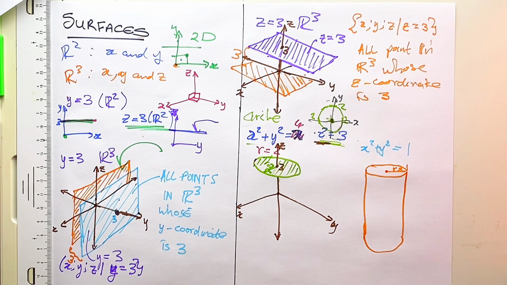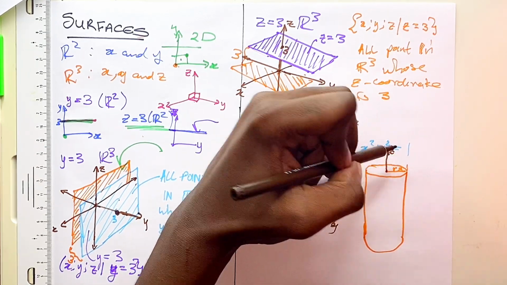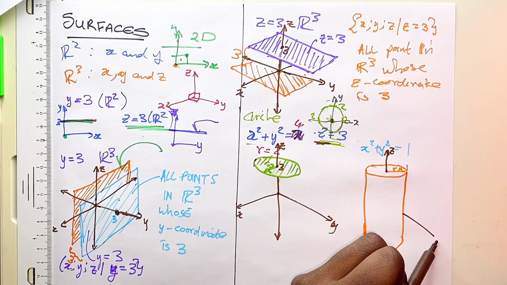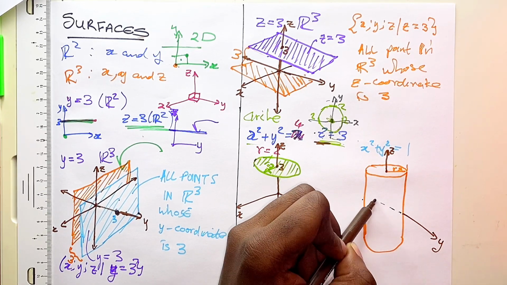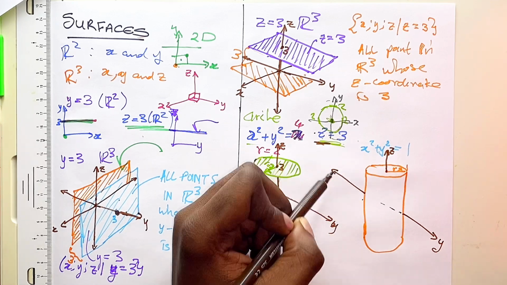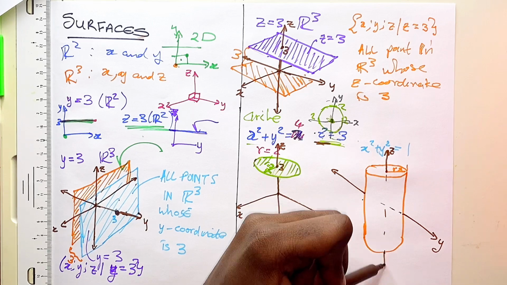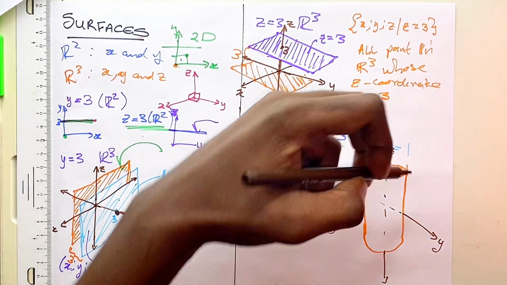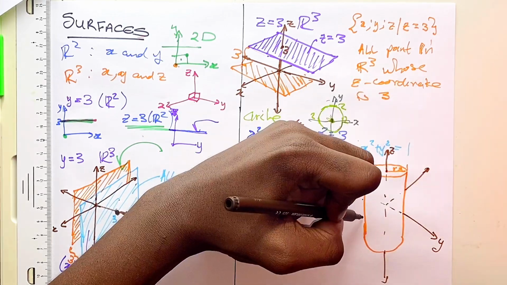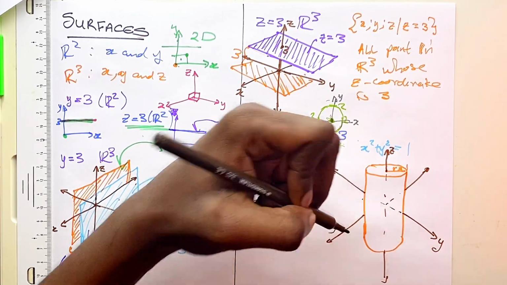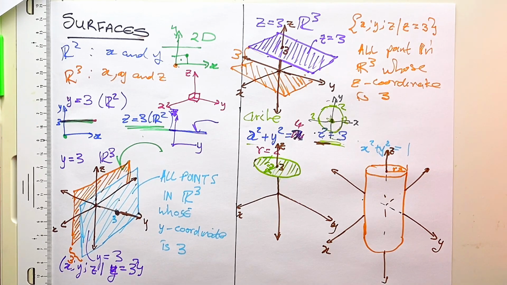So you will have your z-axis coming out of here like this. You have z and you have y. Y goes all the way inside like this, and then z comes down here, and then your x will come out something like this. So that's your x, y, and z.